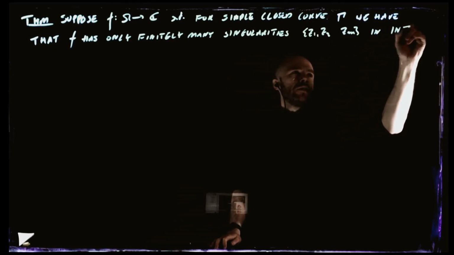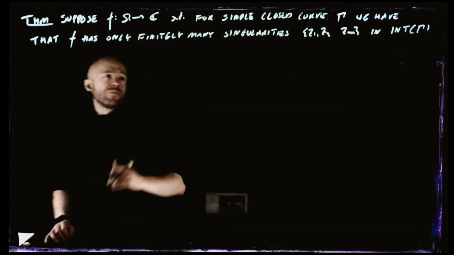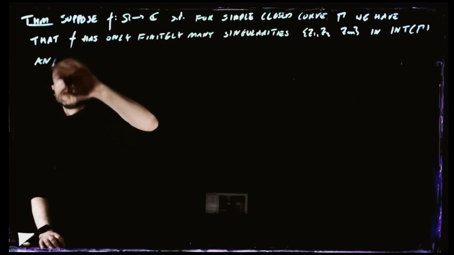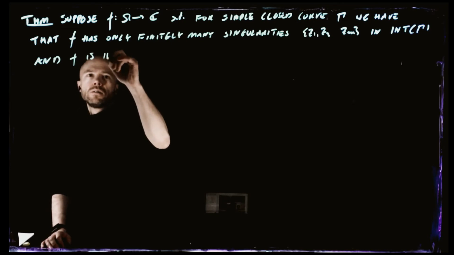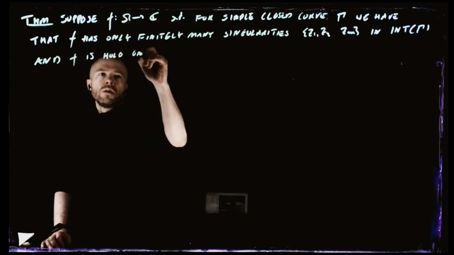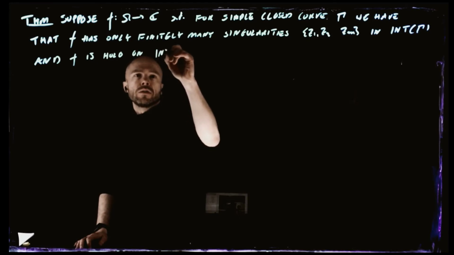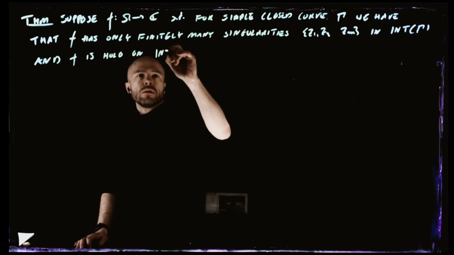So int is the interior of the simple closed curve, and f is holomorphic on the closure of the interior of the simple closed curve, take away these finitely many points.